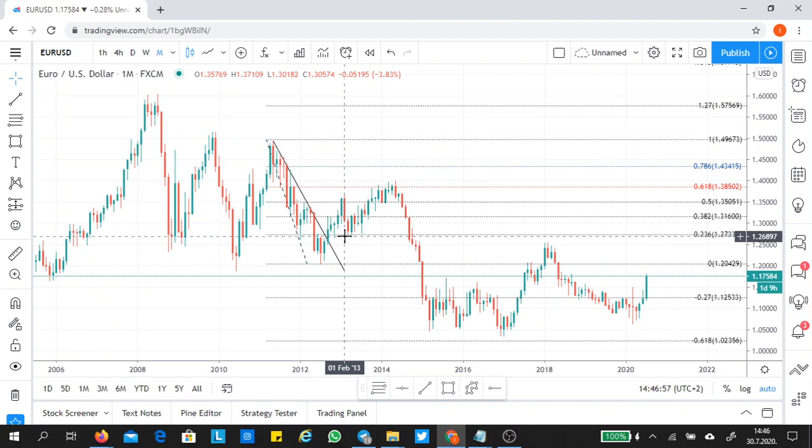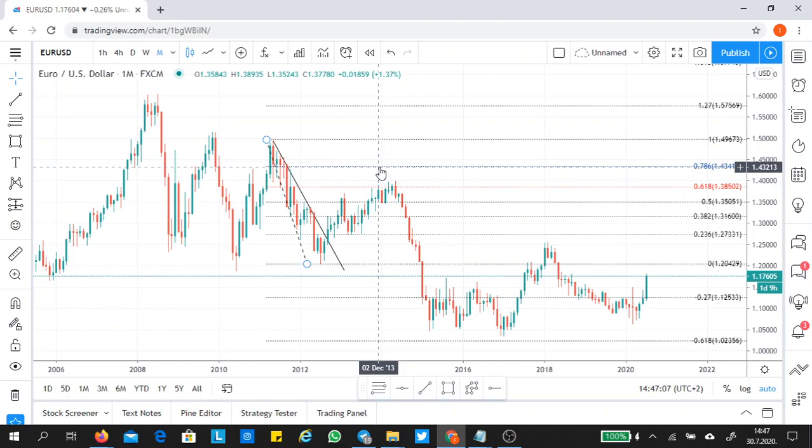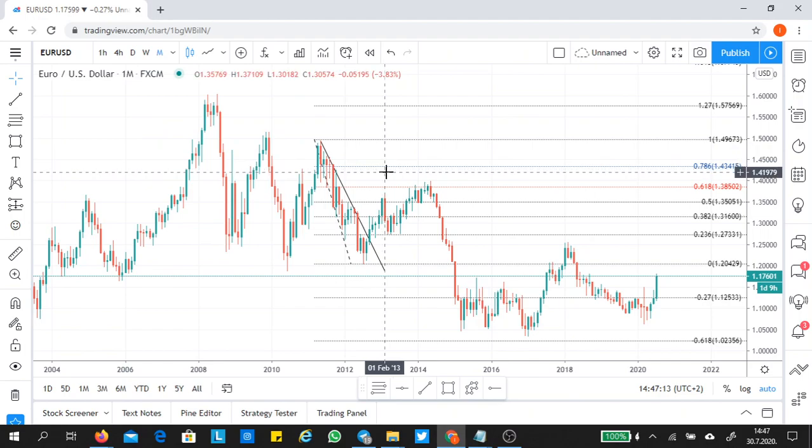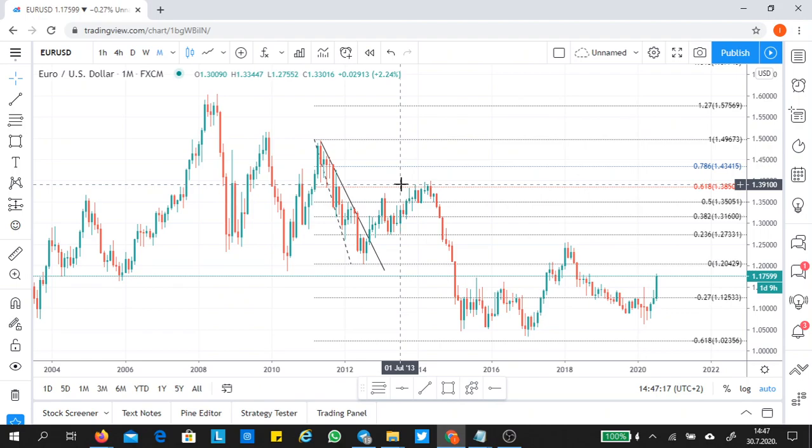And what we're going to do now is observe whether the market will respect the 61.8 or 78.6 level. If it respects these levels, it is a good indication that it will continue to go down.